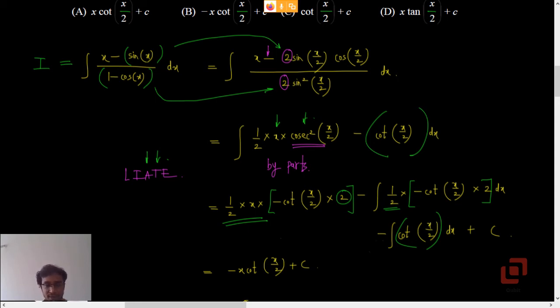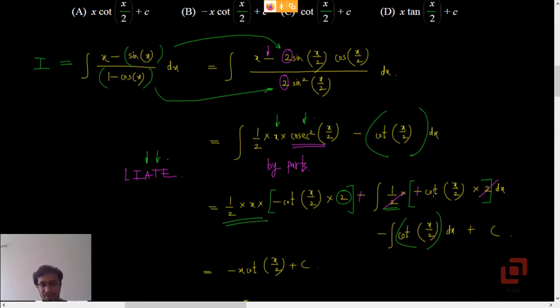Now we observe that negative into negative will be positive, 2 will get cancelled, so eventually these two things are getting cancelled. Which two? Integral of cot x by 2 and integral of minus cot x by 2.